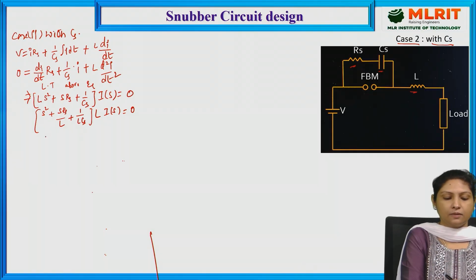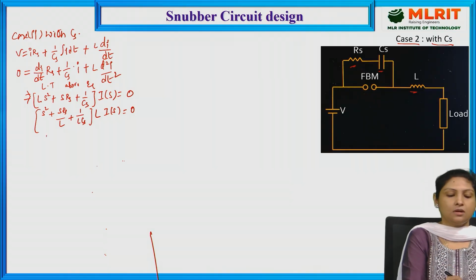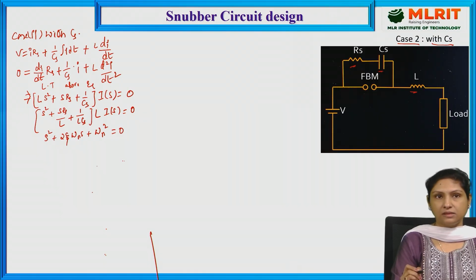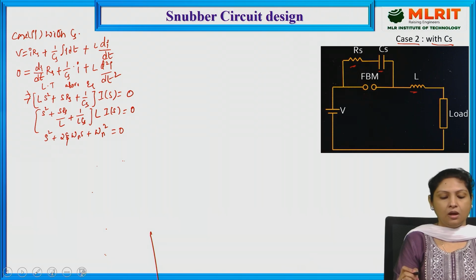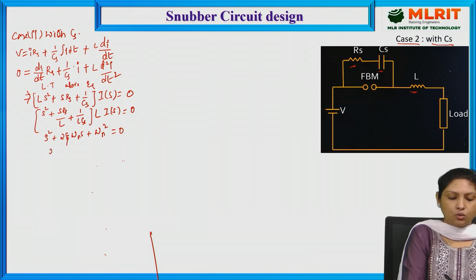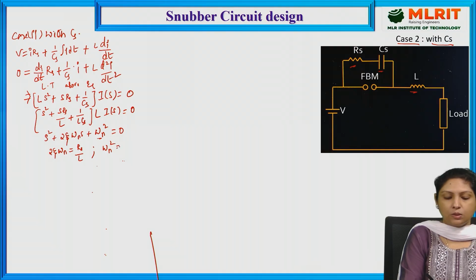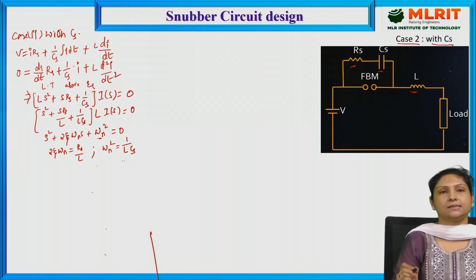In that case, let me consider the second order equation first, which is S square plus 2 zeta omega n into S plus omega n square is equal to 0. Is it not? And now let me compare this second order equation with the above equation, and here I get 2 zeta omega n is equal to Rs by L. Whereas omega n square, comparing with the above equation, I get omega n square is equal to 1 by L into Cs.